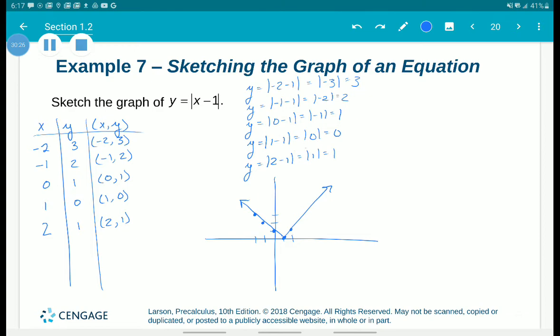The answer is no. If we were to fold it along the y-axis, the left and right-hand sides will not match up. Is it symmetric with respect to the origin? The answer is no. If we were to fold this along the x and then the y, there's nothing in that third quadrant to line up with what's in that first quadrant. So this graph actually has no symmetry.